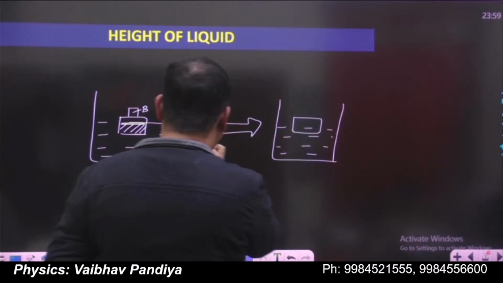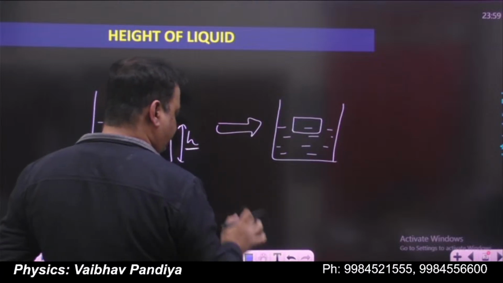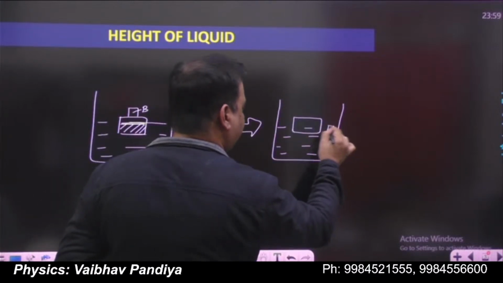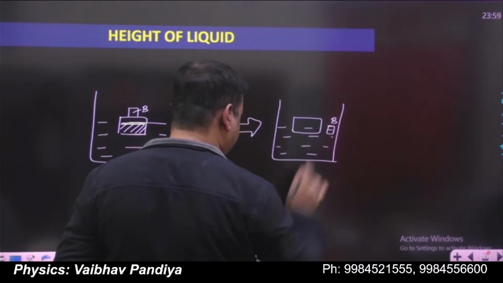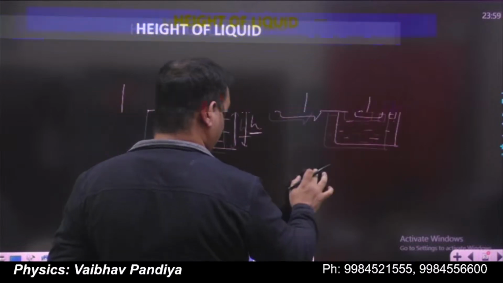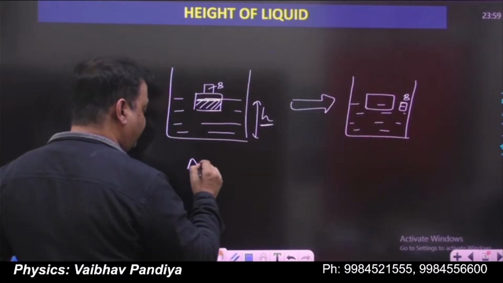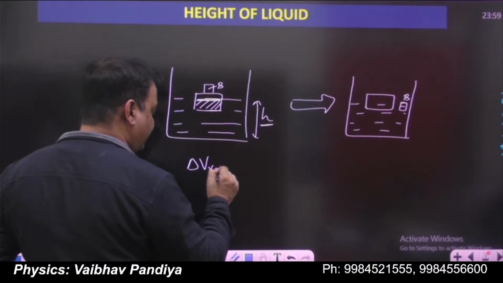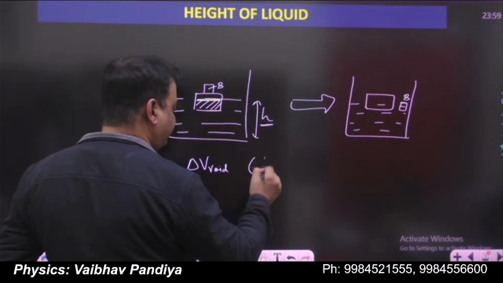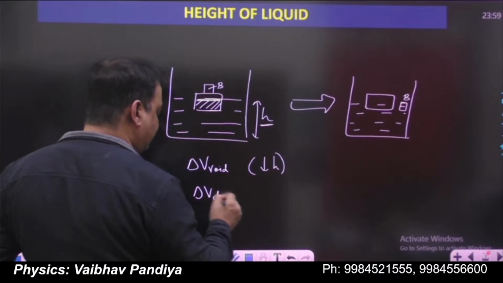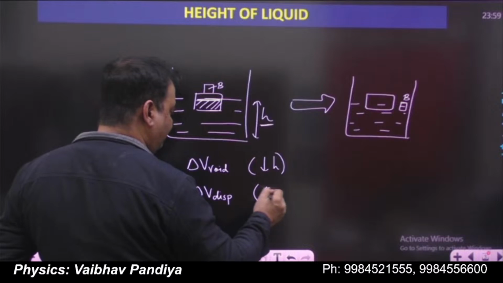Now we have to find what will be the effect on H. So you will find both the volumes, if suppose this block is left in the liquid. We will see in the coming problems, we will find both the volumes. First, the volume which is getting free, say delta V void, and this is responsible for decreasing the height. And then the volume which is getting displaced, and this is responsible, as we have seen, for increasing the height.